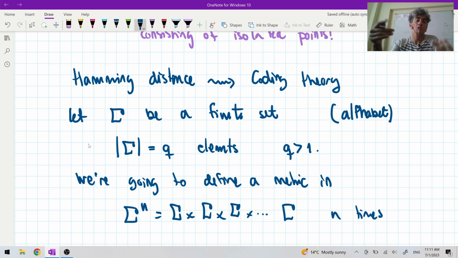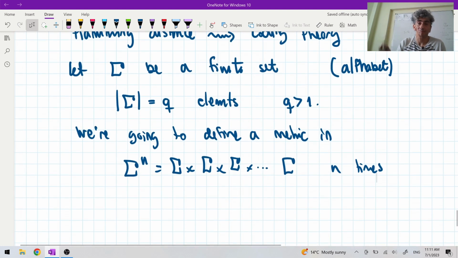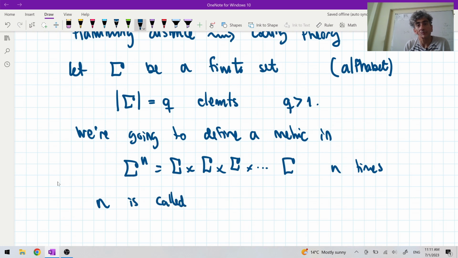These are the order n tuples. These are going to be vectors of n slots, and its entries are elements of sigma. n is called, in the jargon again, the block length. So it's simply vectors where all the entries are elements of sigma, right?